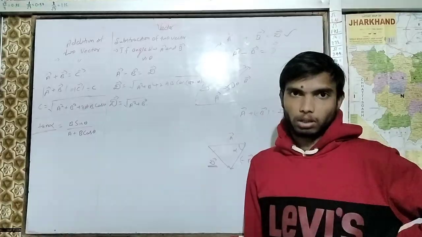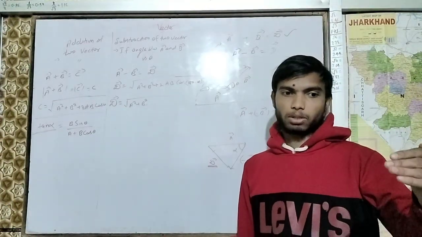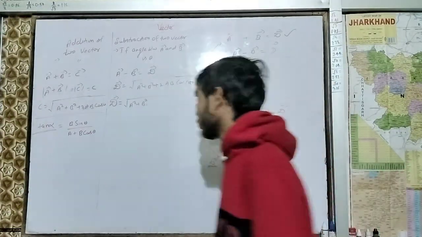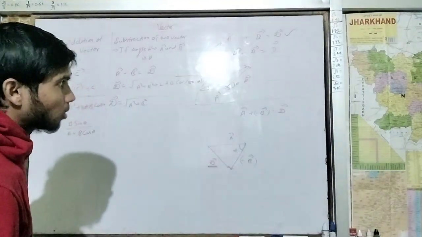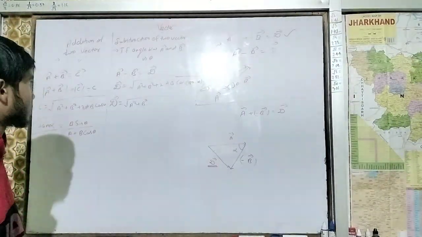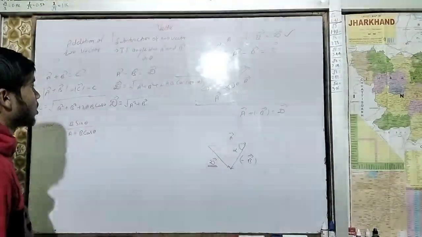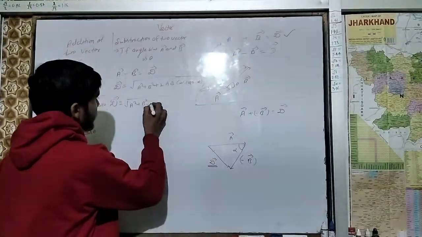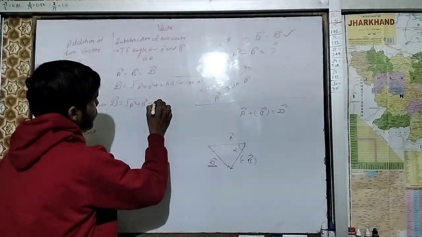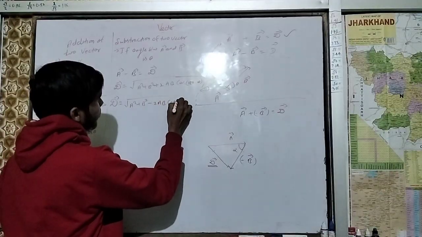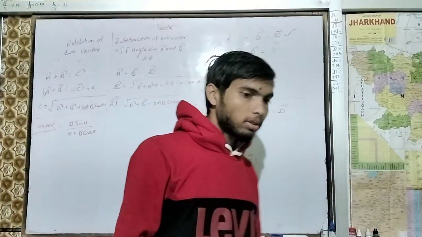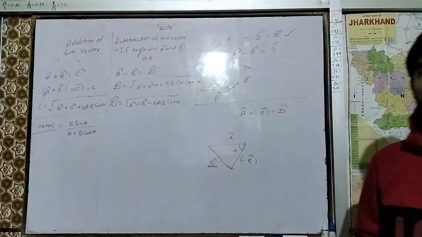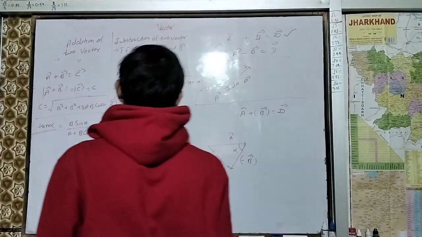So this is going where? 180 then minus theta, in second quadrant. Cos will not change itself because we have 180. That's it. But this will become minus 2ab cos theta. Why? Because it is going in second quadrant. So in second quadrant we have sine theta and cosine theta, not cos theta. That's it.